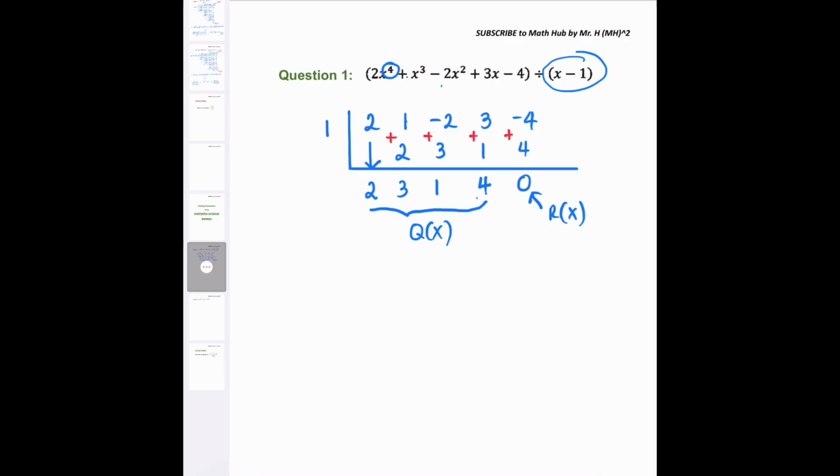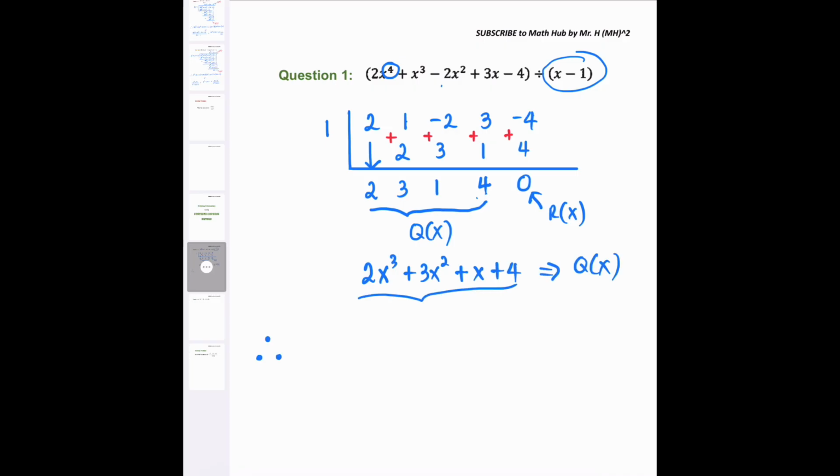So from the given, the highest exponent is 4. So basically, we're going to start the q of x with 3 as the highest exponent. I have 2x cubed plus 3x squared plus x plus 4.